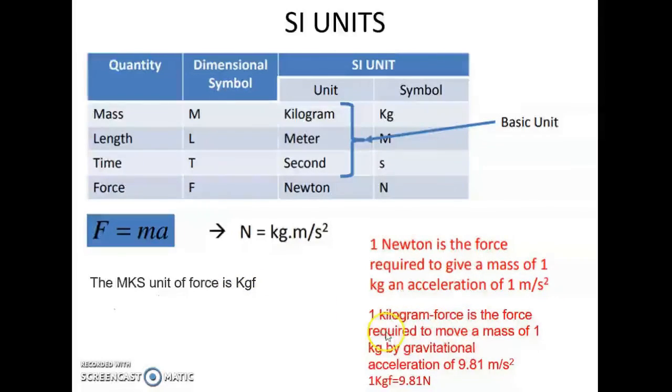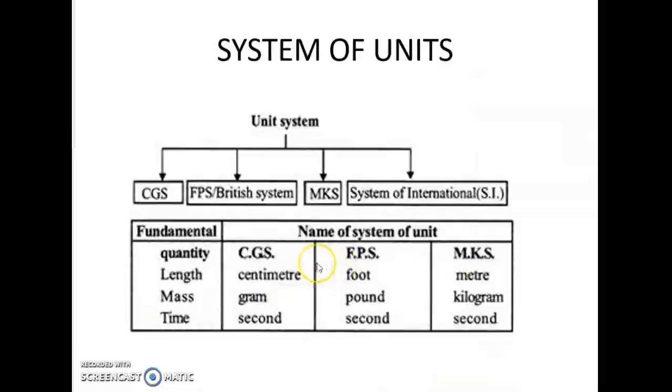And what is 1 kg force? 1 kg force is the force required to move a mass of 1 kg by gravitational acceleration of 9.81 meter per second square. Now the relation between 1 kg force and Newton is: 1 kg force is equal to 9.81 Newton. So unit of force in SI is Newton. In MKS system, unit of force is kg force.